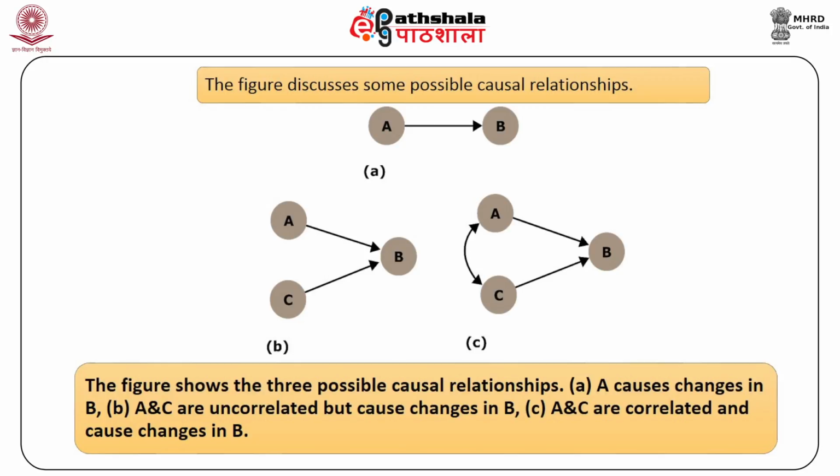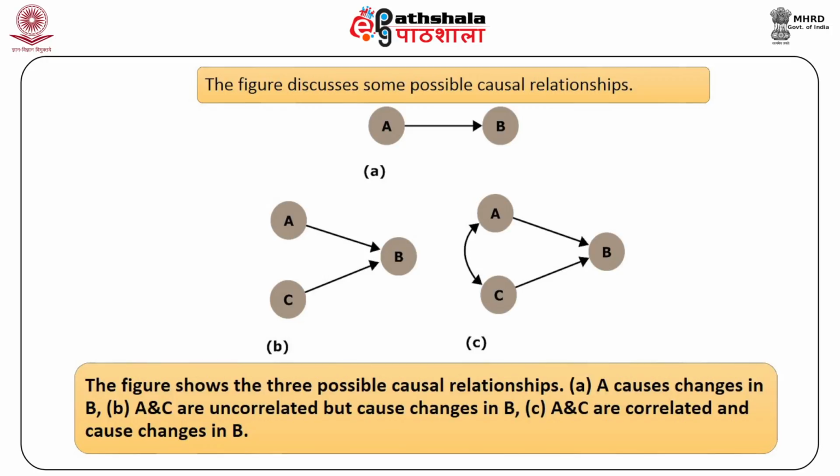This relationship suggests that the dependent variable has multiple causes of change, which may actually not be related to each other. Although the causal variables A and C are unrelated, they are responsible for changes in the values of the dependent variable B. Let us proceed to panel C.